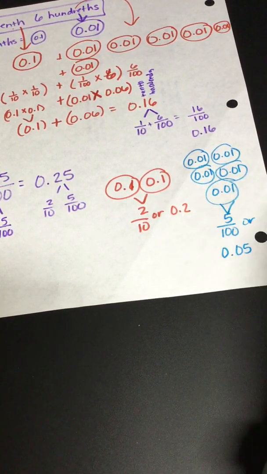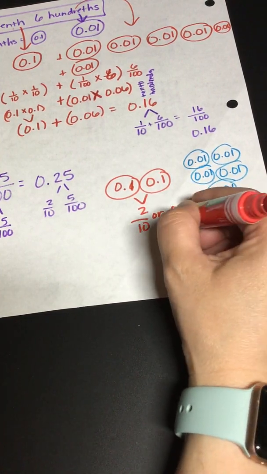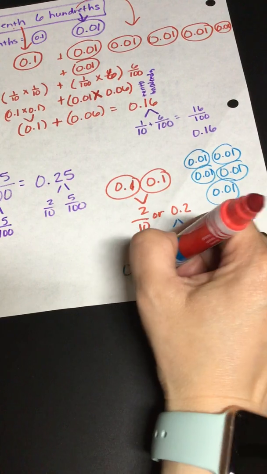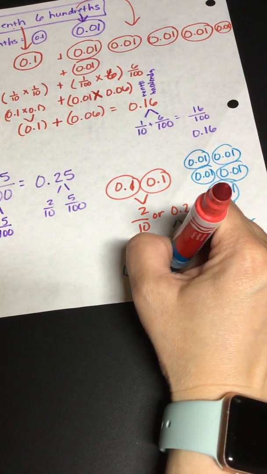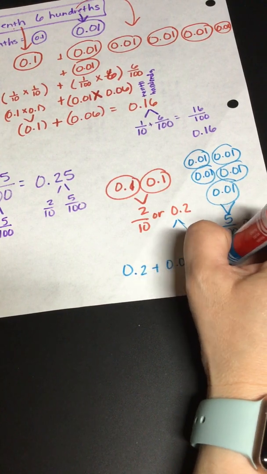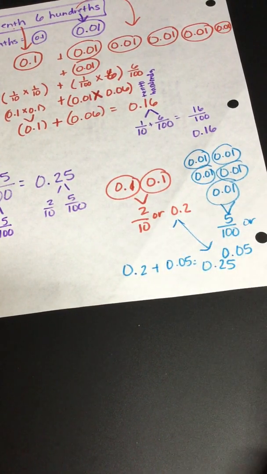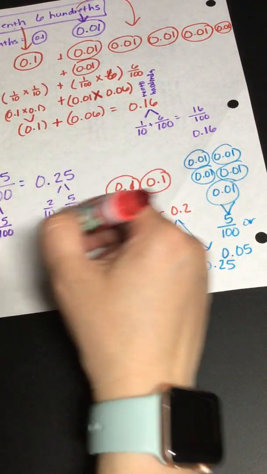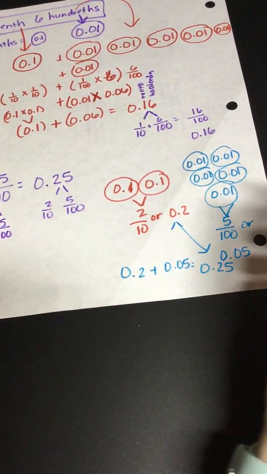And then if I add up these two numbers, 0.2 plus 0.05 equals 0.25, or 25 hundredths. So this is what you're going to be doing on your exit ticket today.